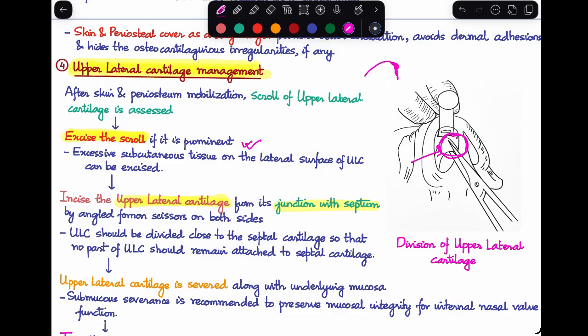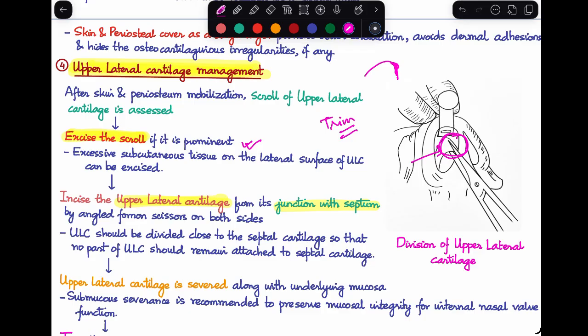Now, next you will trim the excess portions of the upper lateral cartilage. If there are extra parts in the medial border of the upper lateral cartilage, we are going to excise that, and we'll excise any portion which is likely to project inside the nasal cavity.